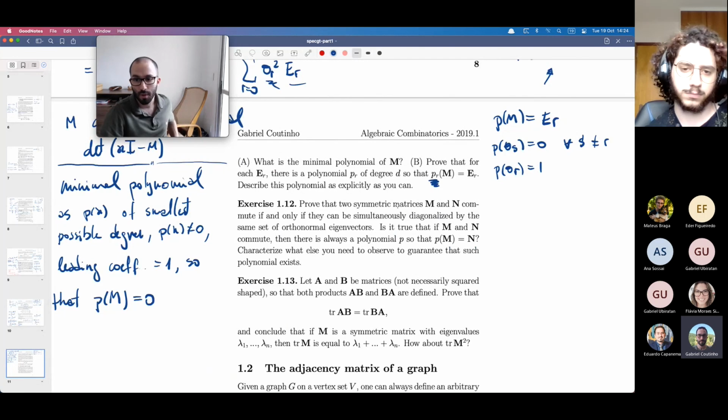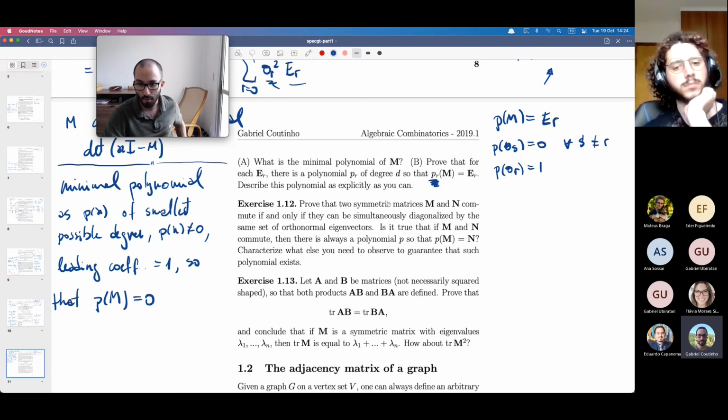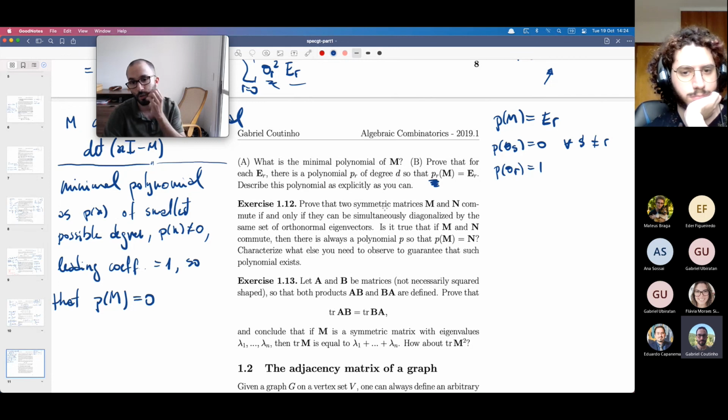Now prove that two symmetric matrices M and N commute if and only if they can be simultaneously diagonalized by the same set of orthonormal eigenvectors. Now, how do you do that?